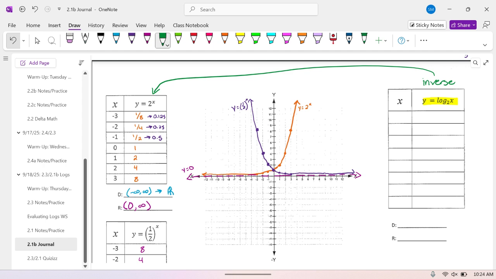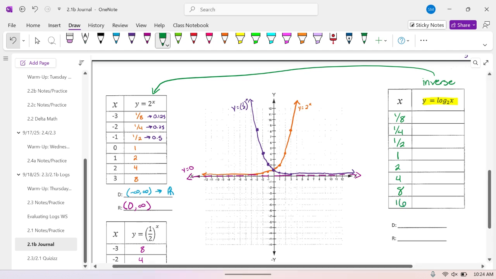So what are my x values for my logarithm? 1/8, 1/4, 1/2, 1, 2, 4, 8. And we're going to stop there. If you wanted to go further, the next one would be 16.